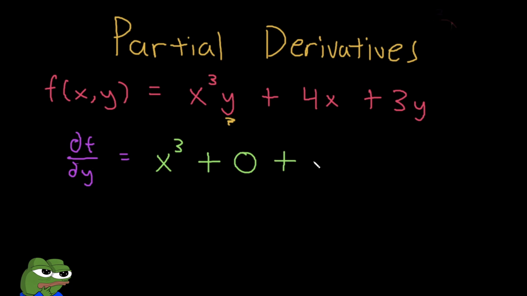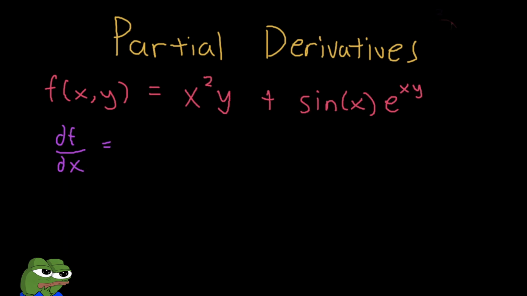This is just taking the derivative normally, and that is 3. So your final answer for partial f with respect to y is x cubed plus 3. As you can see, our answer here was different than the partial with respect to x. Again, the slope in this function is different when I go in the x direction than when I go in the y direction.